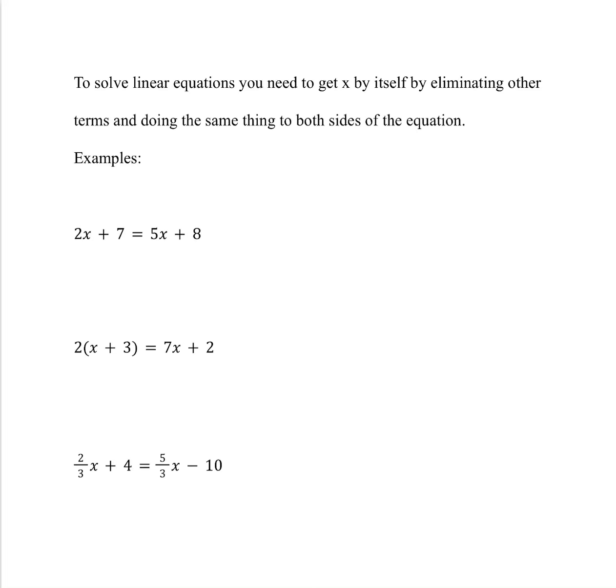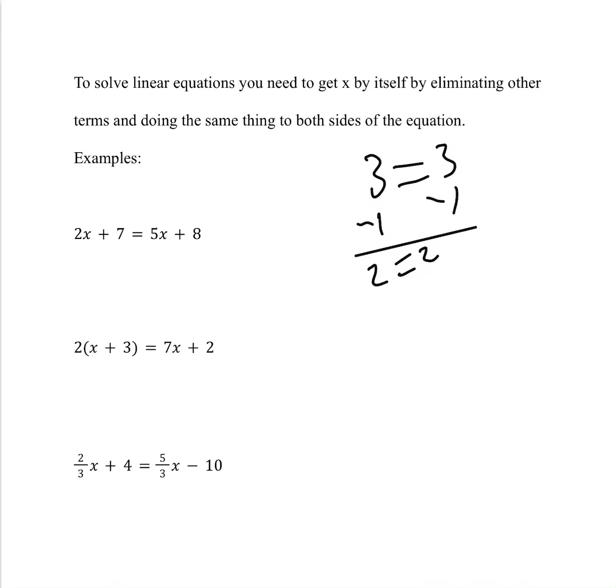And you want to do the same thing to both sides of an equation. So for example, I'm just going to write off to the side here, 3 equals 3. Now that's going to seem really obvious, of course, but I want to demonstrate that doing the same thing to both sides of an equation does still make the equation true. So, for example, if I subtracted 1 on both sides of that equation, I would get 2 equals 2.